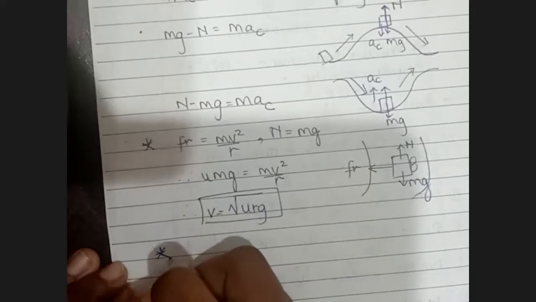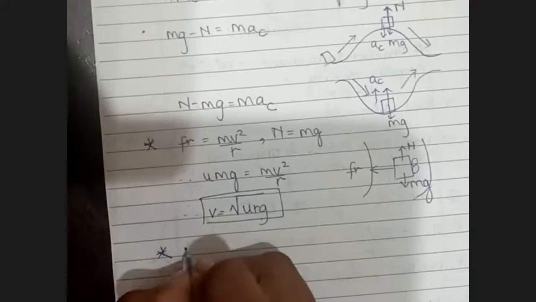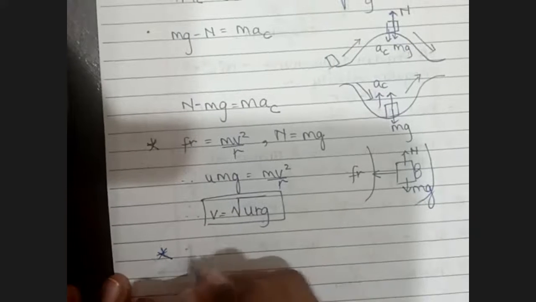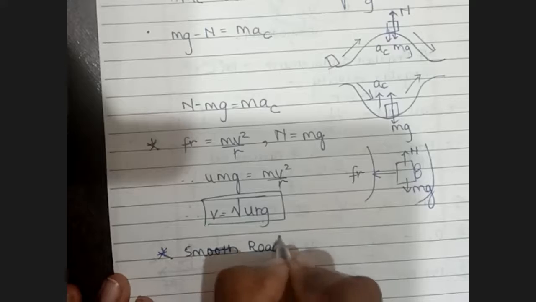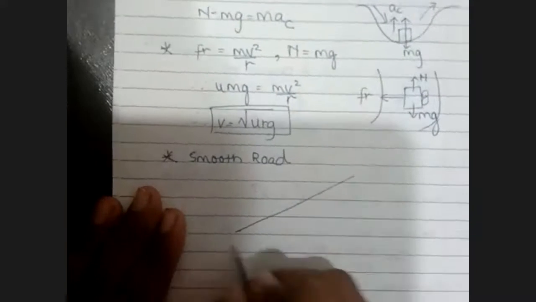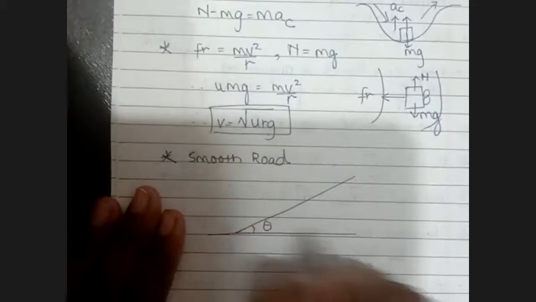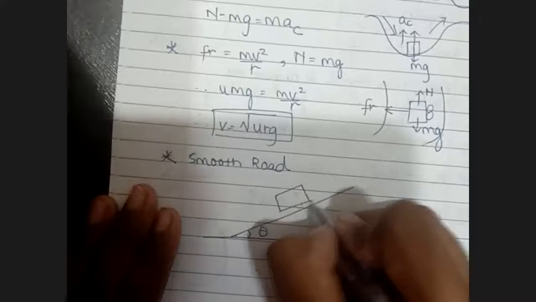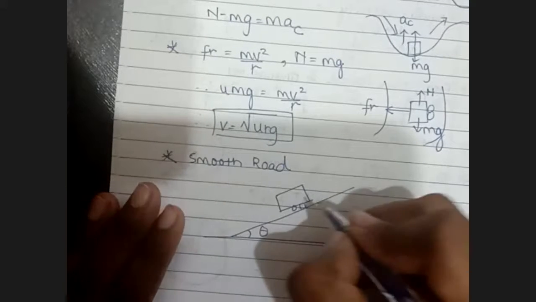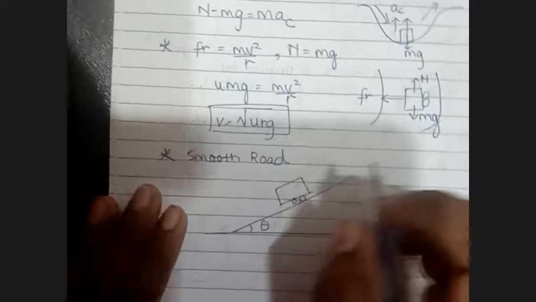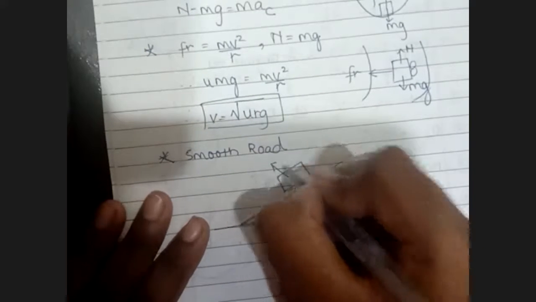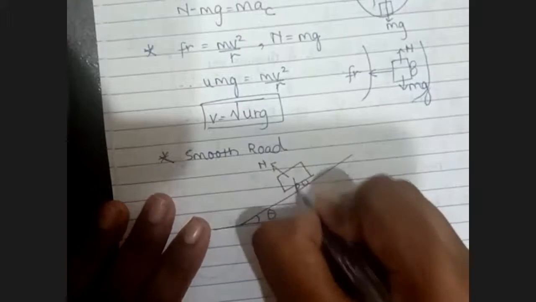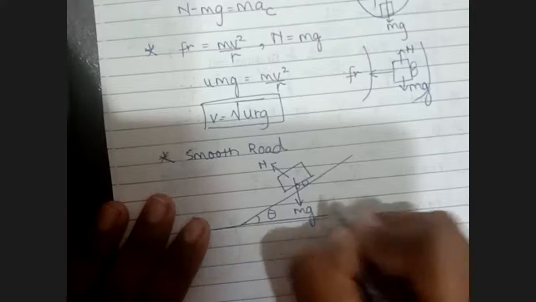Now we will see banking of roads. First, we will see it on a smooth road. There's a car going downwards on a smooth road. So the normal reaction will be perpendicular to the road, and the mg will act downwards.